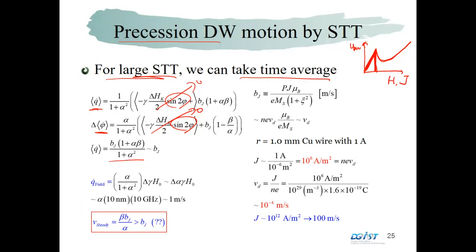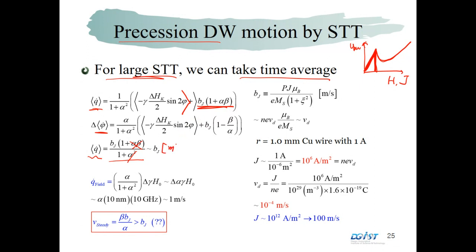Only this term survives. Yeah, this term is coming here. And here we can ignore the alpha square, and alpha and beta, two terms are small, so we can ignore this term also. So that means the velocity of the domain wall is proportional to the BJ itself.